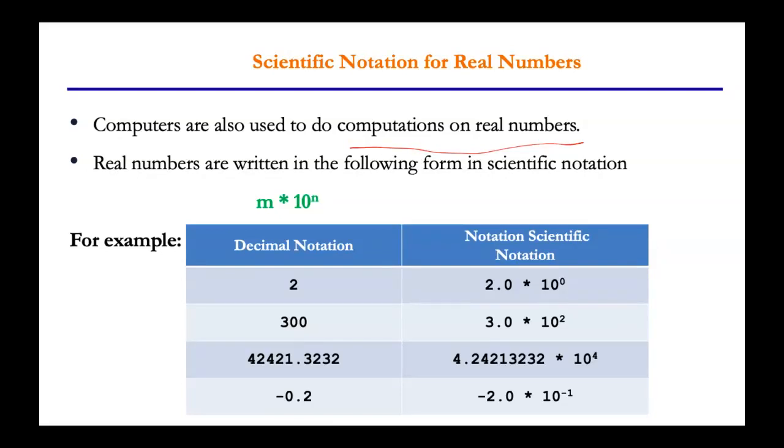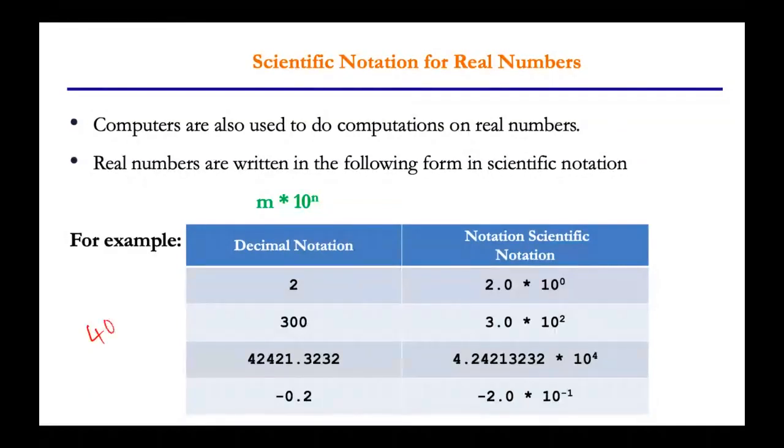Suppose we have the decimal notation 300. This can be written as 3 point, you put the dot here, and whatever two decimal places are there, they can simply be multiplied with 10 to the power of 2. So it becomes 3 multiplied with 10 to the power of 2. That gives 300 only, right? So that can be written as 3.0 multiplied with 10 to the power of 2.